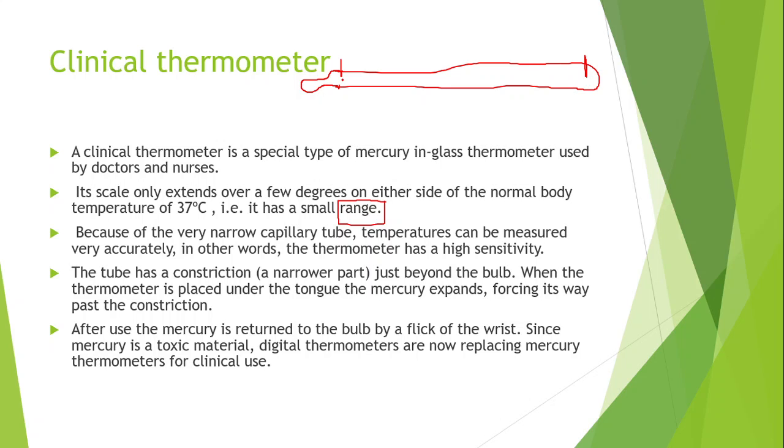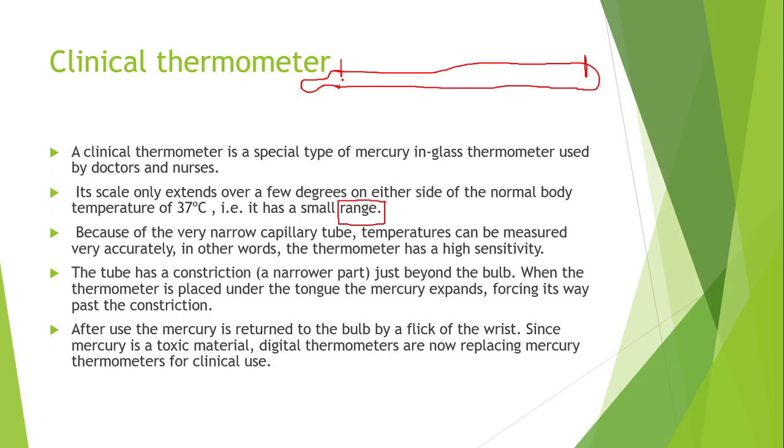Because of the very narrow capillary, meaning the width of the capillary is really small, if there's an increase of only 1 degree Celsius, the expansion or the increase in length of the mercury level is going to be notable. It's going to be more noticeable than in general liquid and glass thermometers.